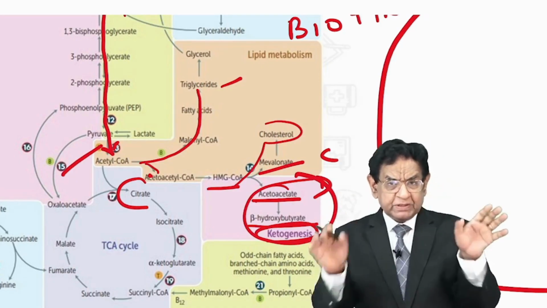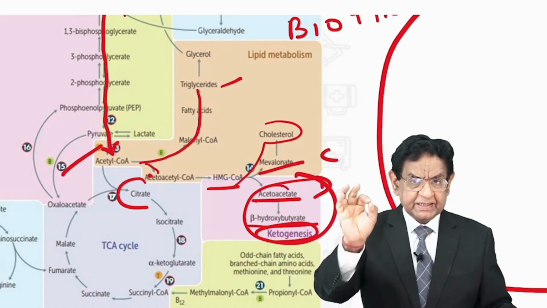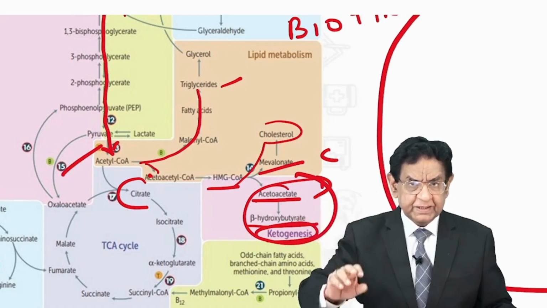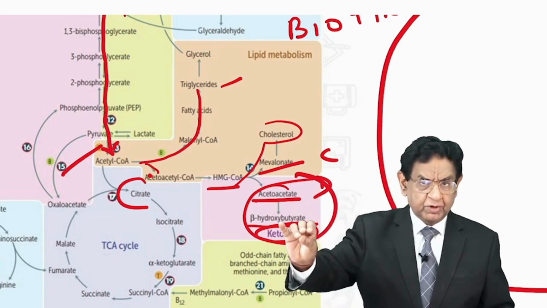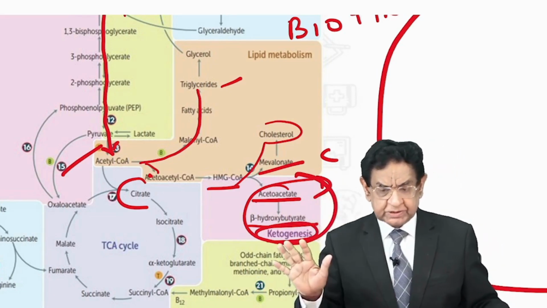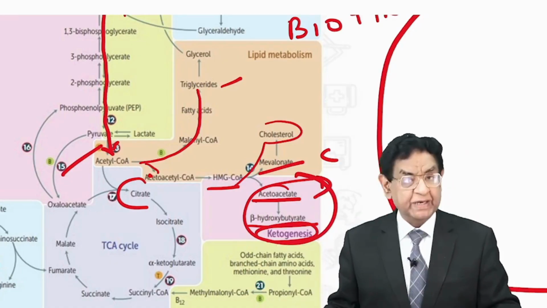So the most important keywords are: number 1 glucose, second acetyl coenzyme A, third triglyceride, fourth cholesterol, and the fifth one is ketones. Ketones are 2: acetoacetate and beta hydroxybutyrate.